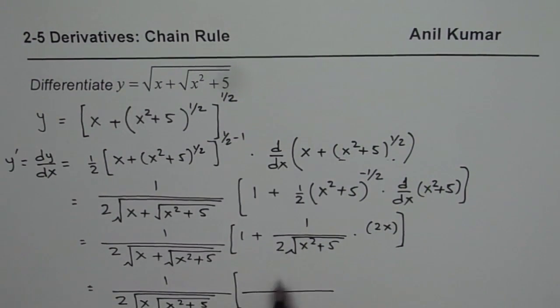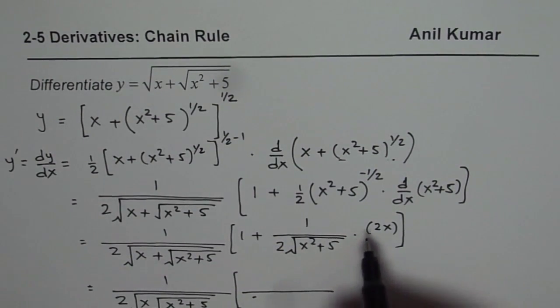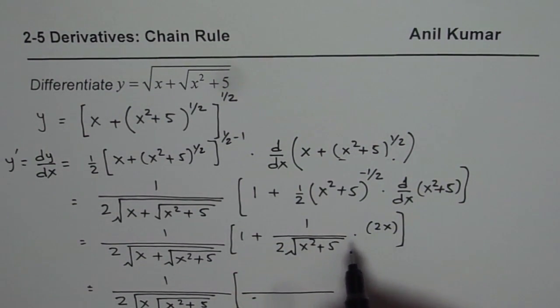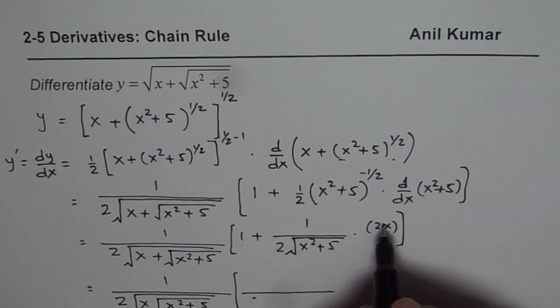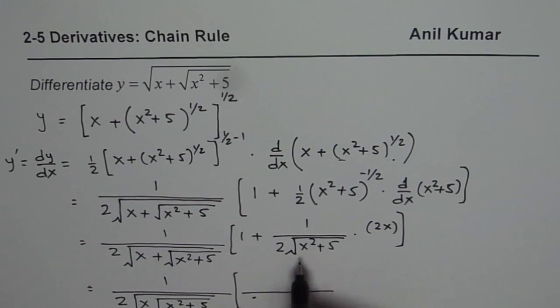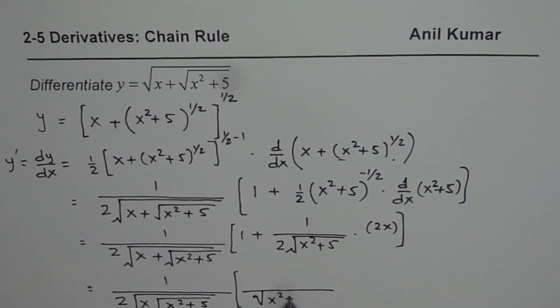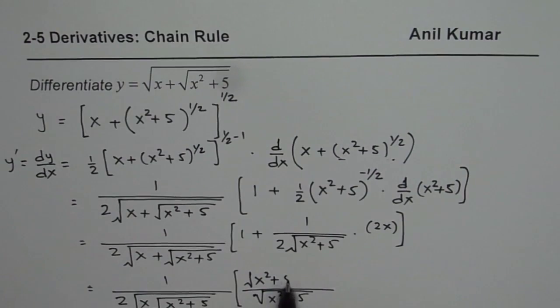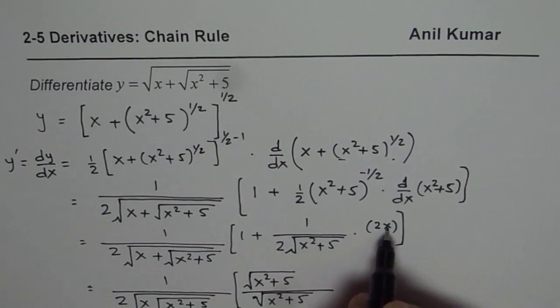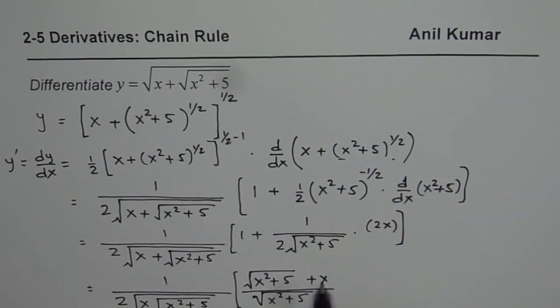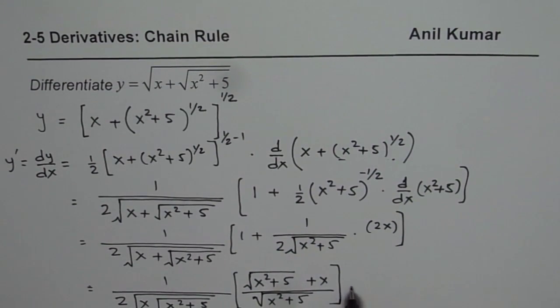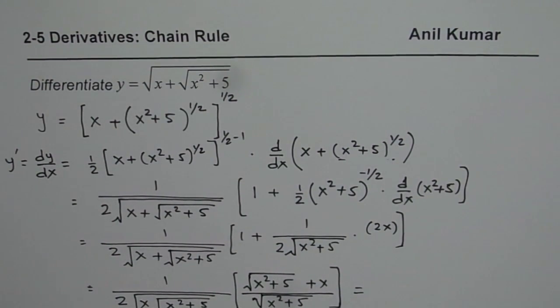So what do we get here is, we could actually cancel 2 and 2 also. So if I cancel 2 and 2, so we have square root of x squared plus 5 in the denominator, and here we get 1 times square root of x squared plus 5 plus x times 1, right, plus x, right?